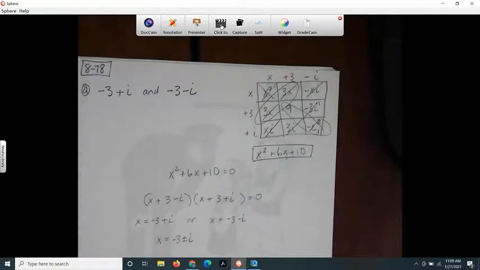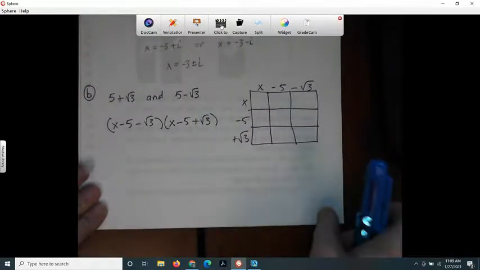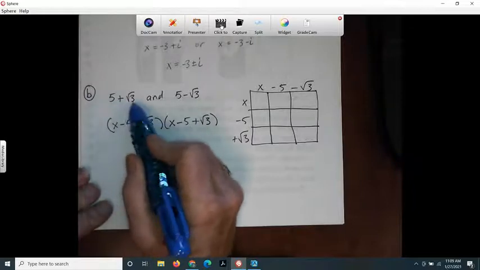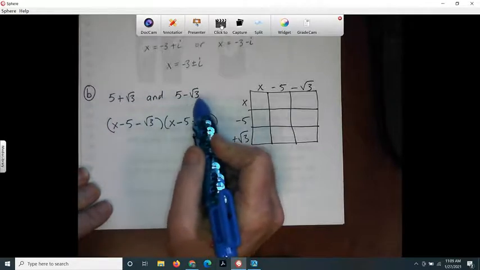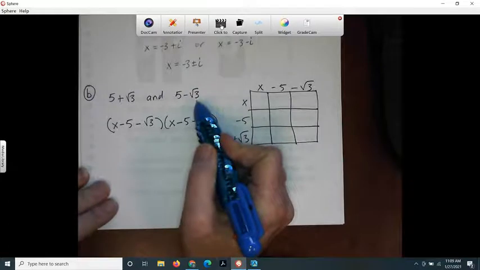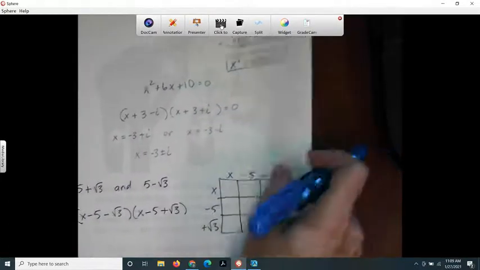I'm going to go ahead and try to do one more before I run out of time on this video. So now I have these roots: 5 plus root 3 and 5 minus root 3. And again, that could have come out of the quadratic formula. So instead of going uphill like I did last time, I'm just going to go down.